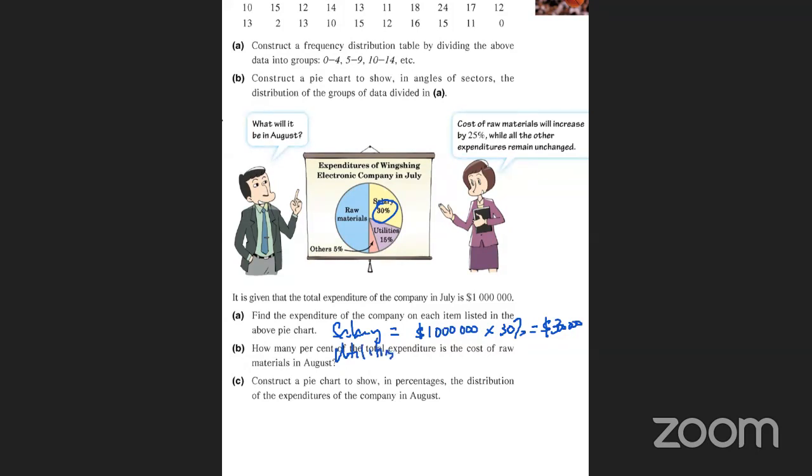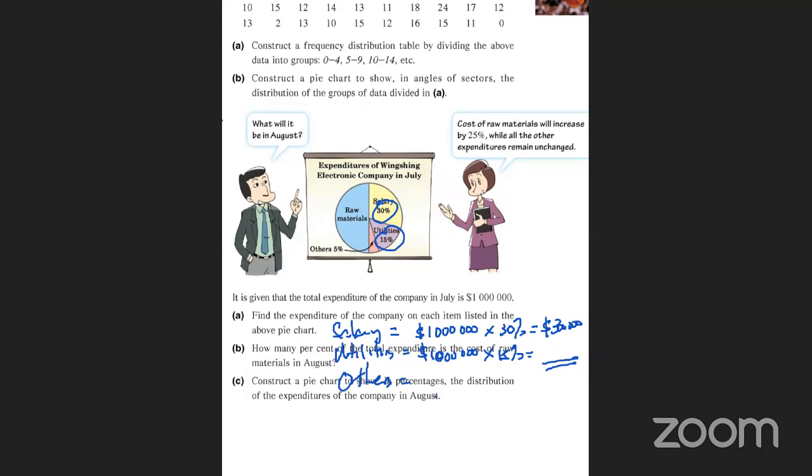Utilities equals 1 million, this time times the percentage for utilities. What's the percentage for utilities? You see here, 15%. Then you can calculate the amounts. And then the others, do the same.